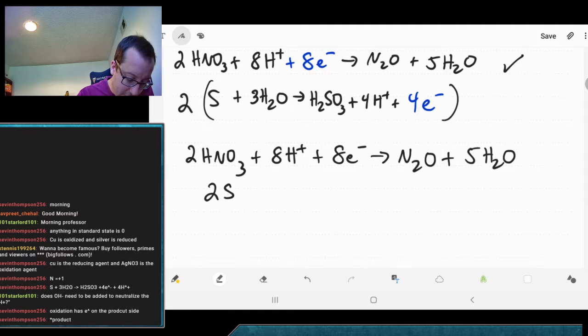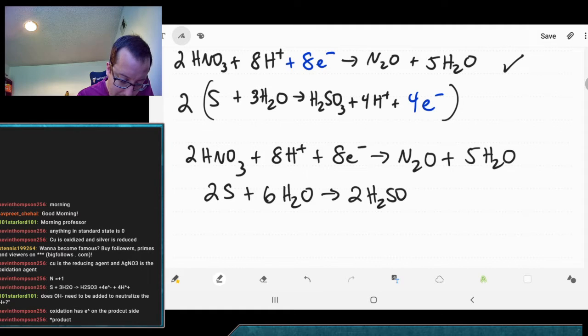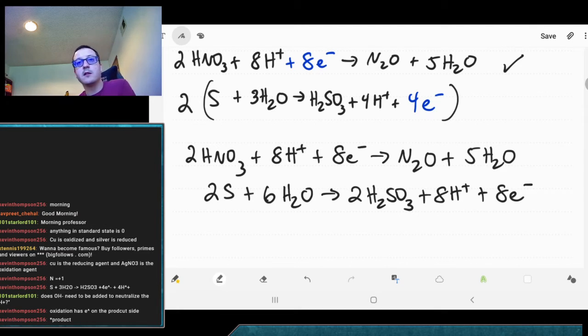Now we have 2 sulfurs plus 6 waters turns into 2 sulfurous acids plus 8 H+ plus 8 electrons. Right, so we want to make sure that when we're balancing these together, the electrons will cancel out. That's the important thing. We never want to see rogue electrons flying around.